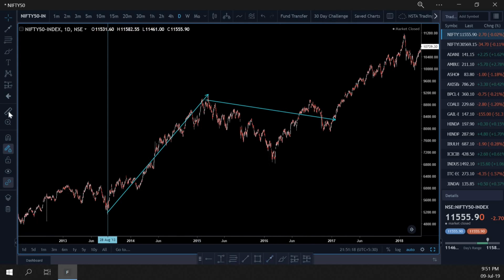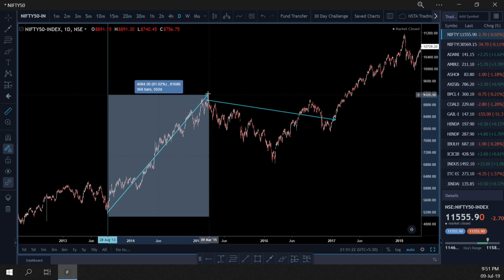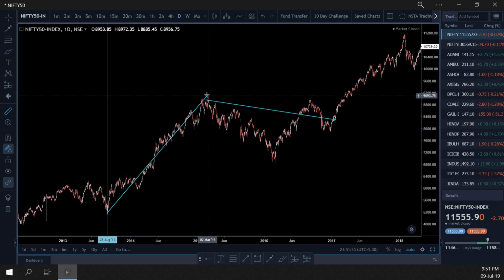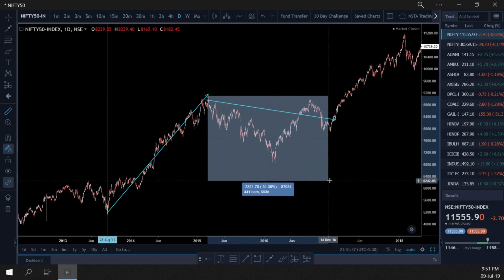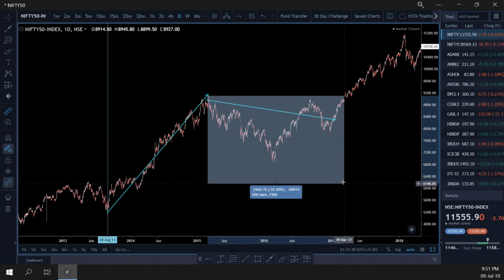Now let's check from here to here how much time we spent. I think 552 days, and in that consolidation phase we spent around 738 days, and then we break for the next high in the market.